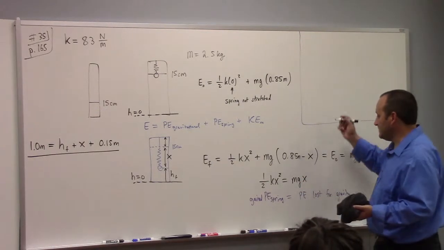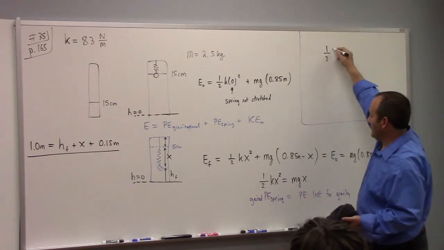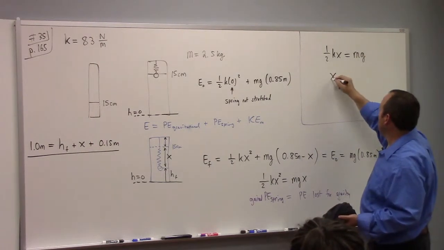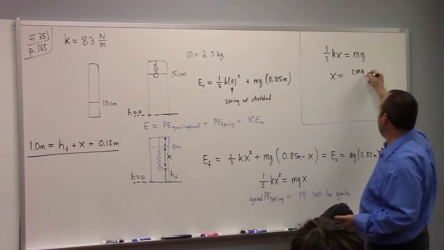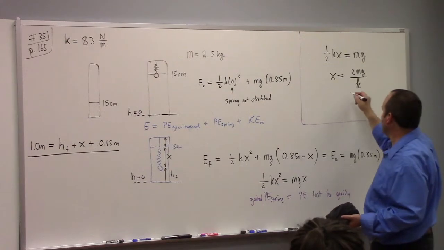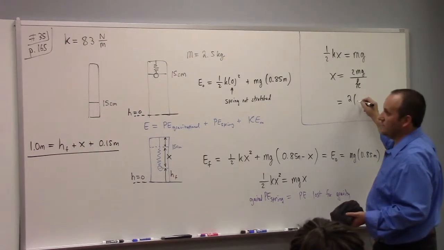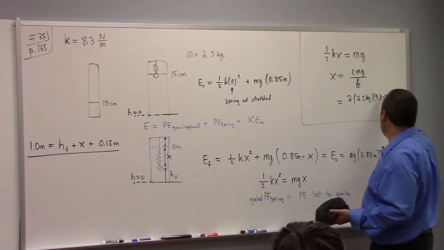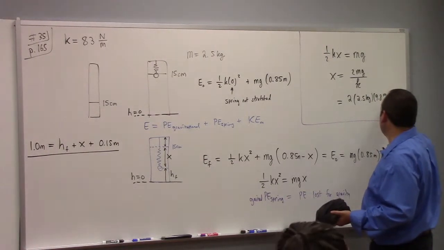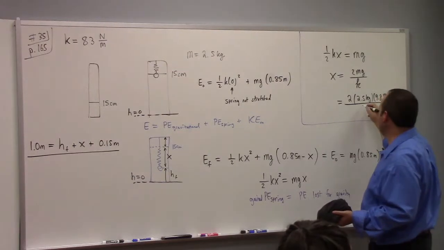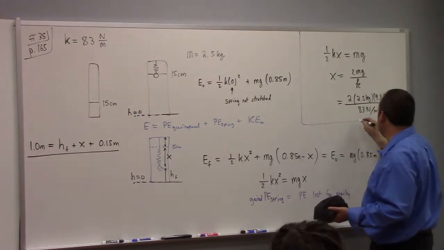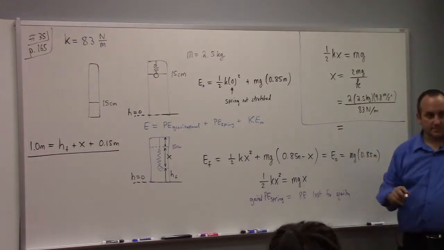And what's that give us? 1/2 kx equals mg, which then gives me x is equal to 2mg divided by k, and I know all those things. So that's 2 times 2.5 kilograms times 9.8 meters per second squared divided by my spring constant of 83 newtons per meter. And so that should get me the answer.